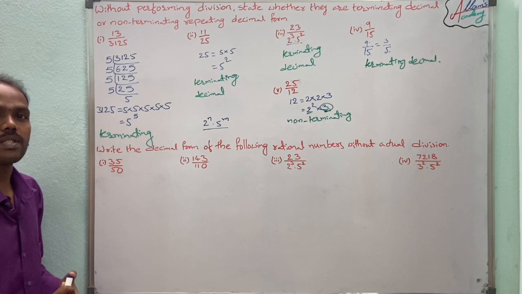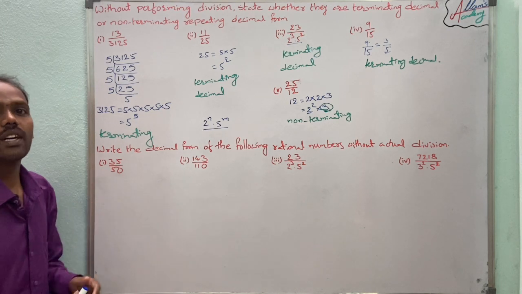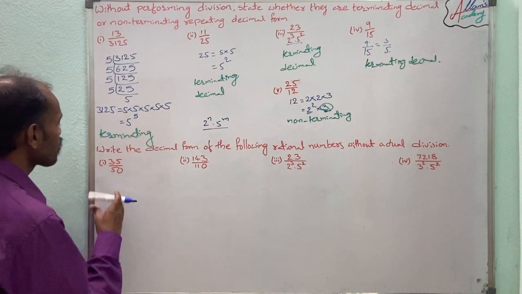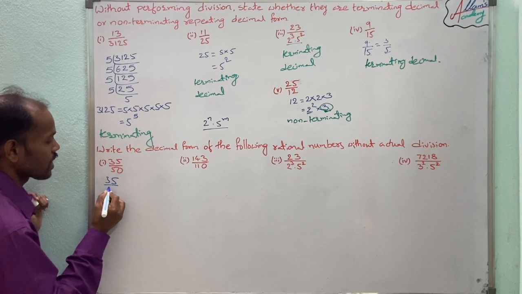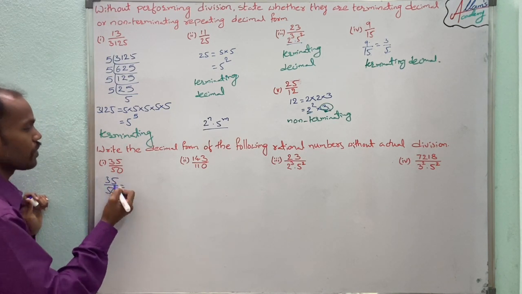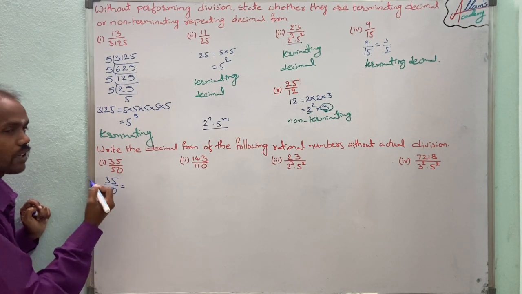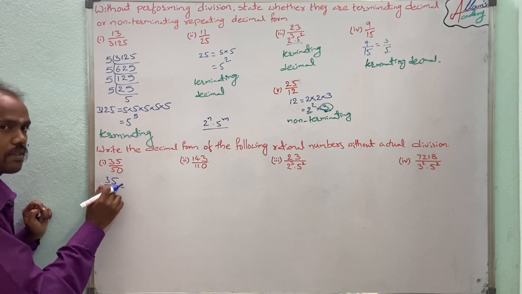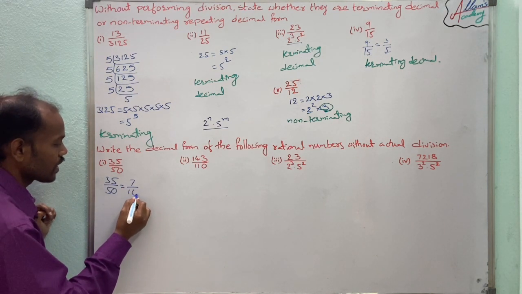If it is not, we convert it to the simplest form. 35 by 50 is not in the simplest form, so we divide by 5: 5 sevens are 35, 5 tens are 50.